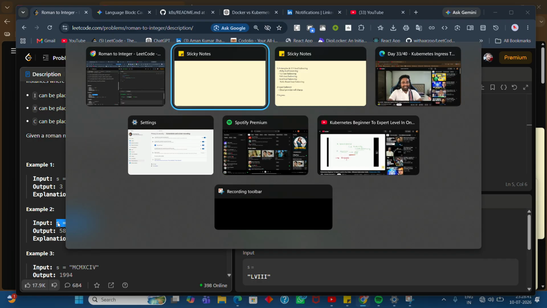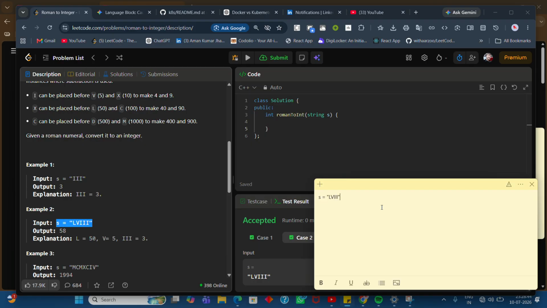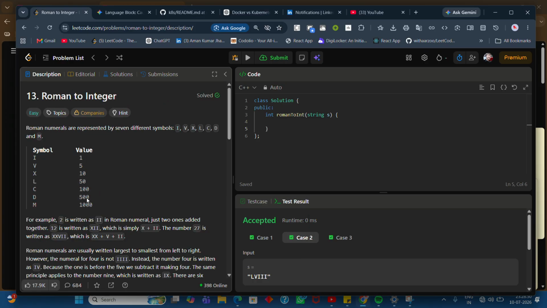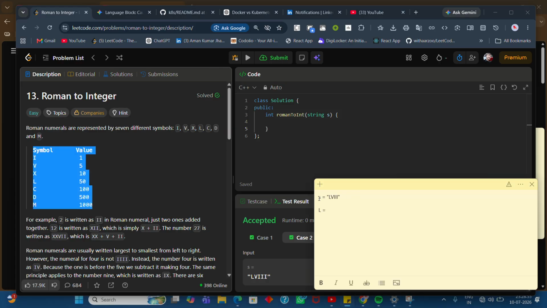Okay, so I'm drawing here, you can see. I am adding these circles. These are the symbols. So here we have L is equal to 50. The next thing is we have V, and V has the value 5.